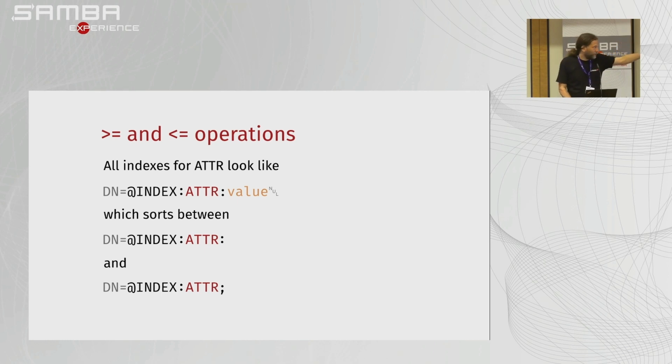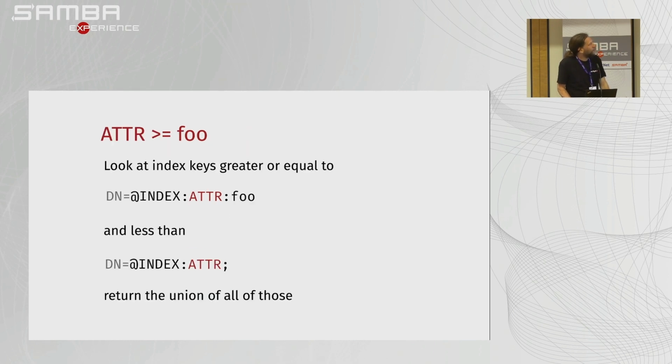And because it's always going to have a colon at that point, apart from another wrinkle that I'm going to get to. So if you're looking for some attribute that is greater than or equal to true, then you just search for all the indexes in the database between those two and return the union.